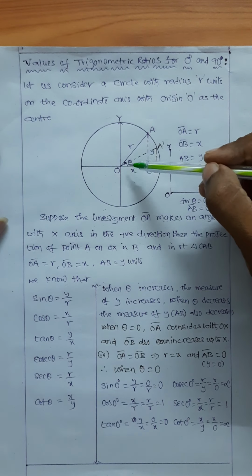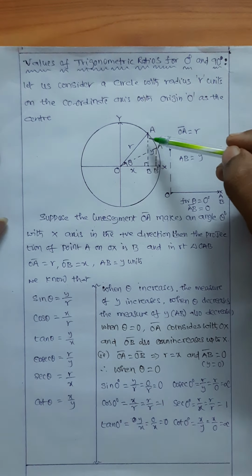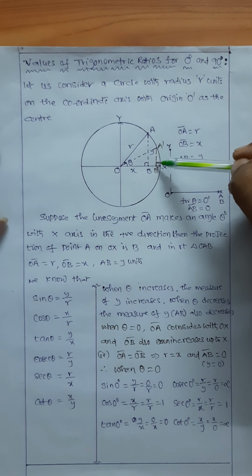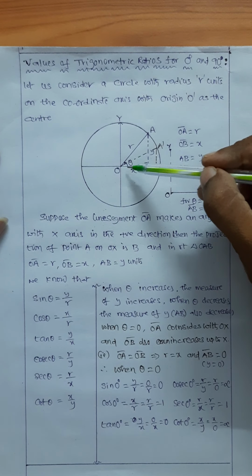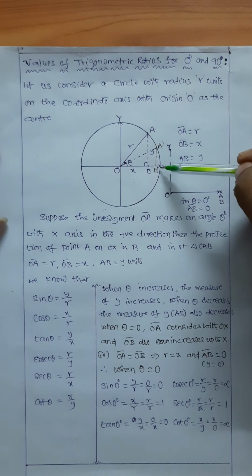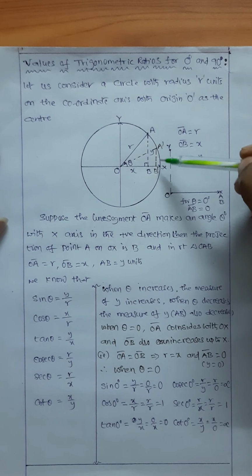When theta is decreasing, the value of AB decreases. As theta becomes 0, OA coincides with OX, and at one time the value of AB becomes 0.